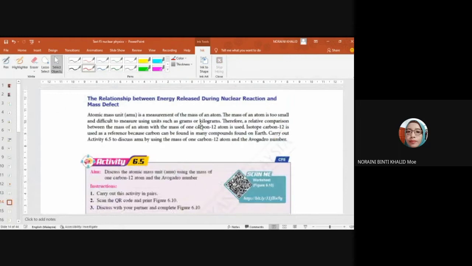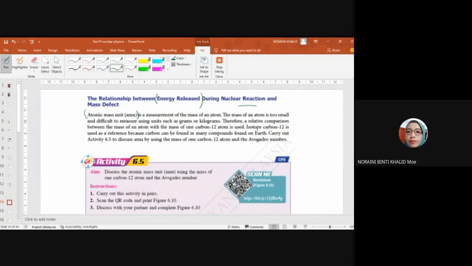Now we want to look at the relationship between the energy released during these two processes and mass defect. Because the mass of the nucleus is too small to be stated in kilograms, a special unit is used, which we call the atomic mass unit.